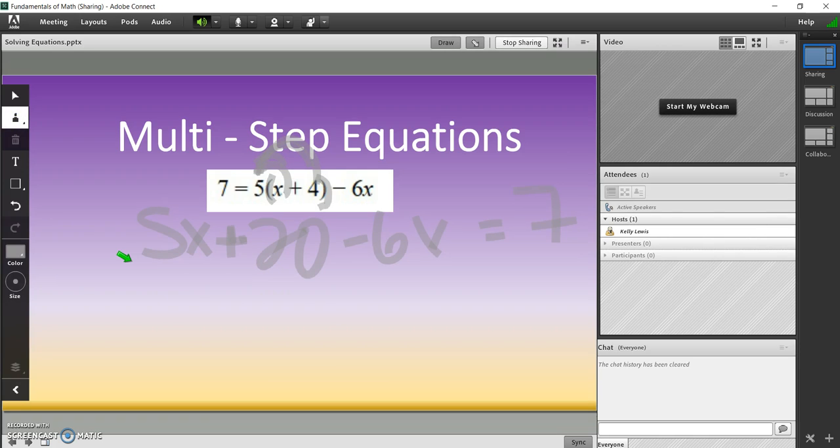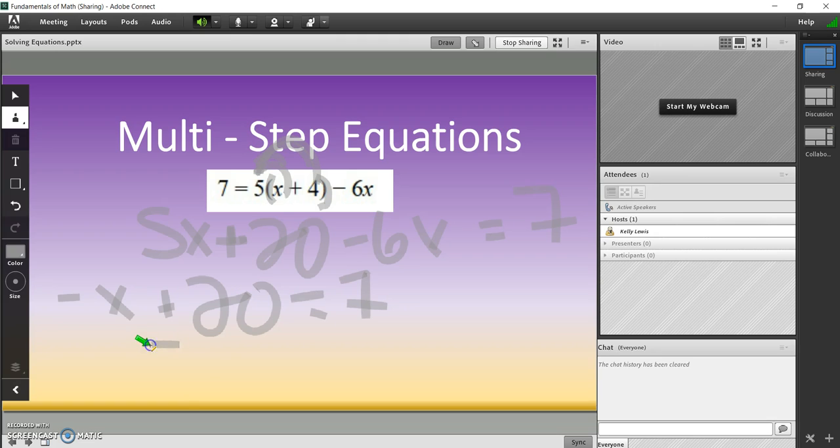All right, now we need to combine like terms. So that is the 5 and the negative 6. So you have 5 x's and like you have $5 in your pocket, but you owe me $6. So you still owe me $1. Okay. And so now we're back to kind of the more basic ones.